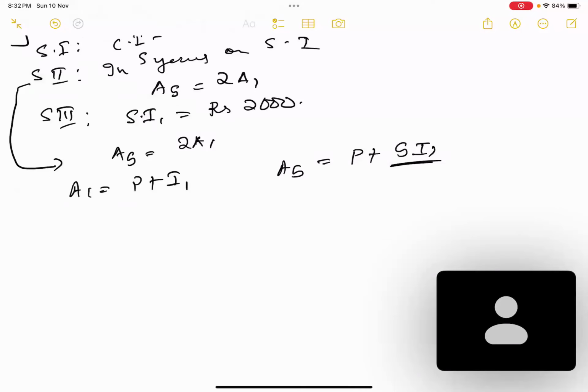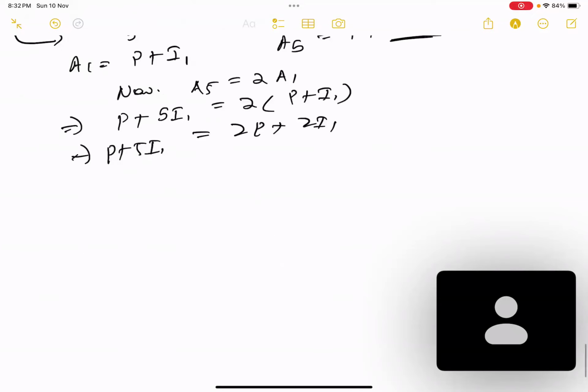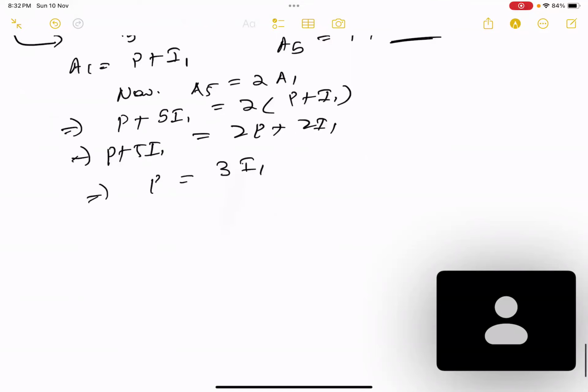Now A5 is equal to twice A1. A5 is P plus 5 times I1, which is equal to twice of P plus I1. P plus 5 I1 is equal to 2P plus 2 I1. So P is nothing but 3 times I1.